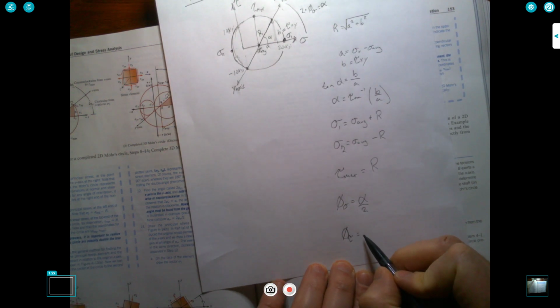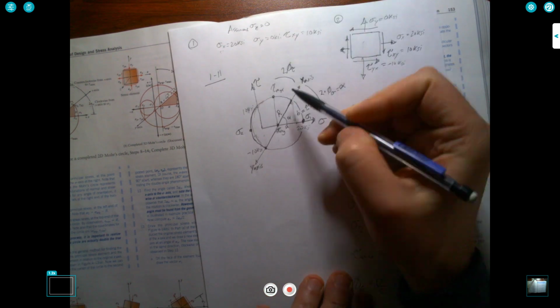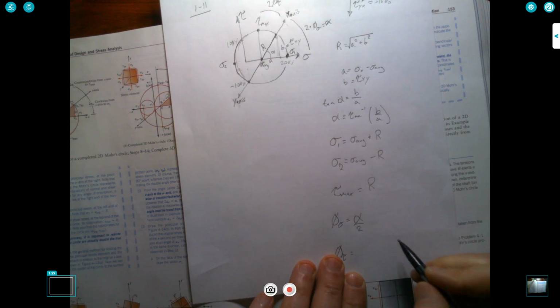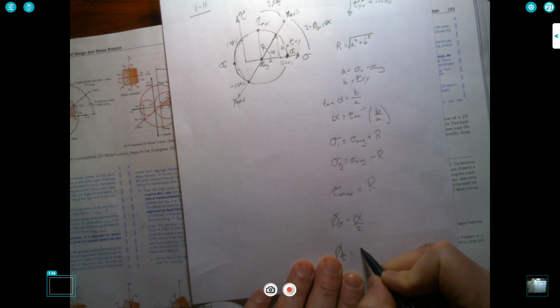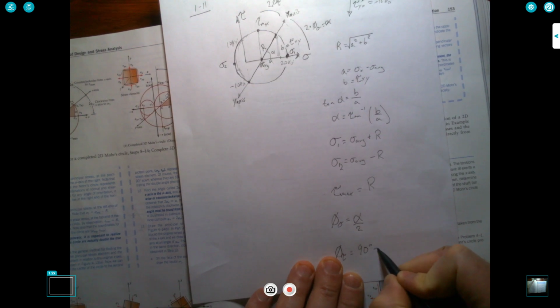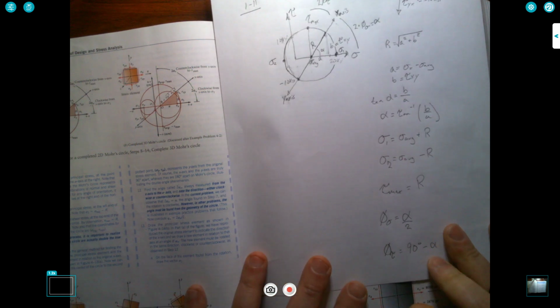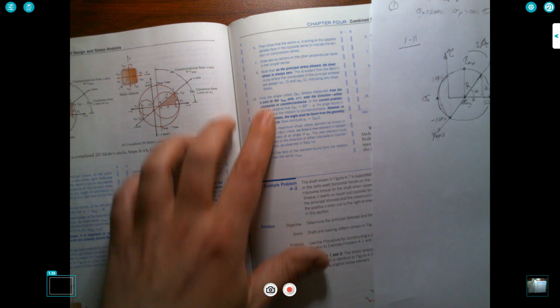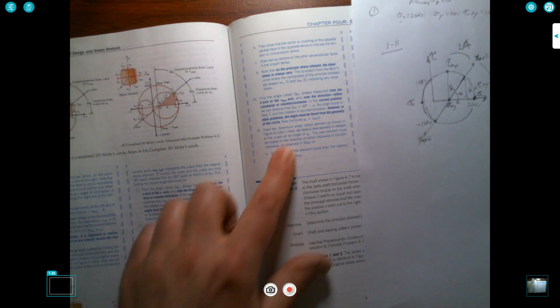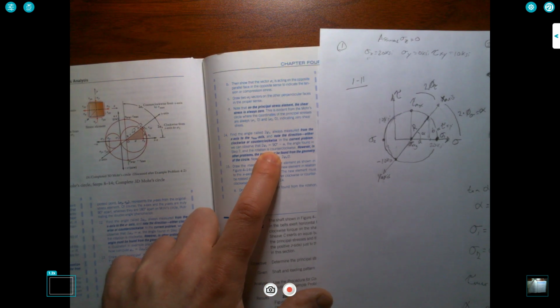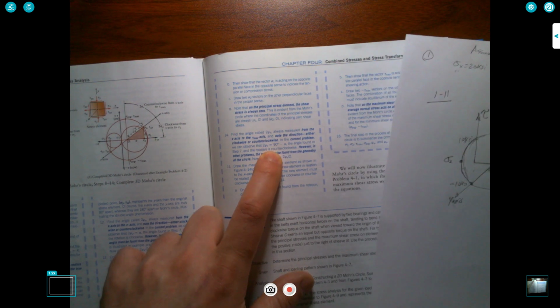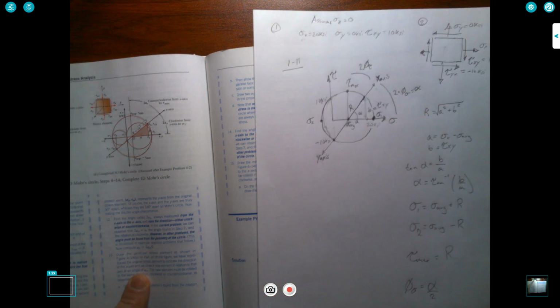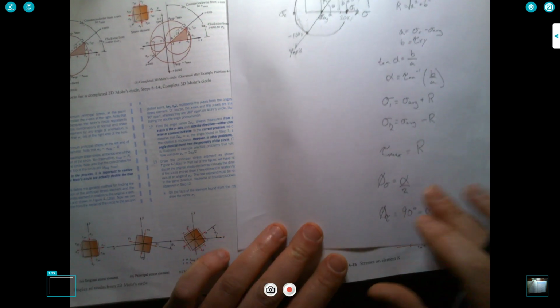So that would give us, let's see, 90 degrees minus alpha. Is that what they really showed? Yeah, okay, that's how they end up getting. I guess I stepped ahead to 14. But so we have those two. So once we have those two, we can draw our stress elements.